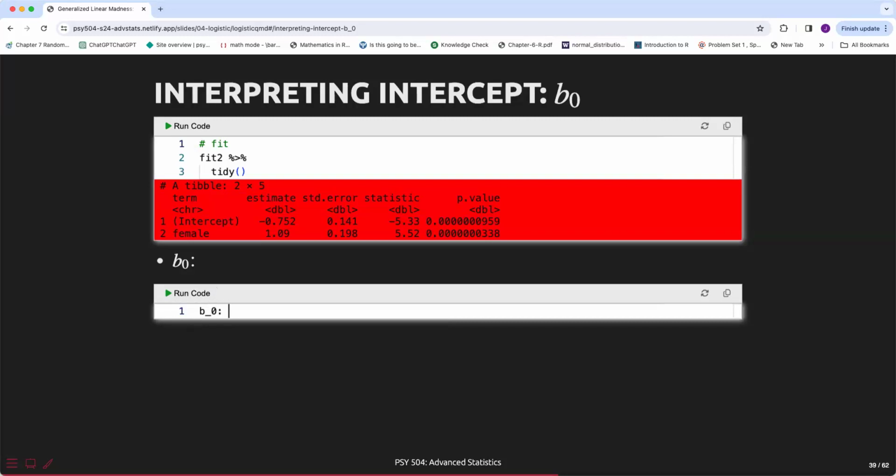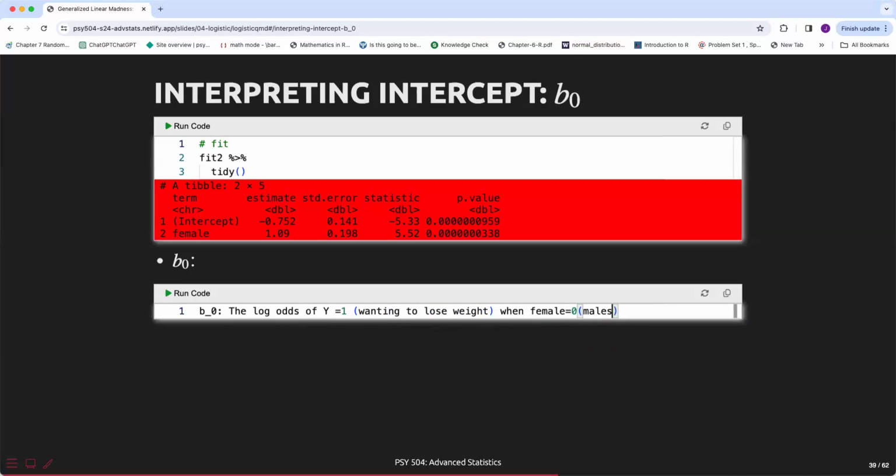Well, it's tricky because it's a binary predictor. The intercept is the value of y when x is 0, right? And 0 is just male. So the intercept in this case is the log odds of y equals 1, or wanting to lose weight, when female equals 0, or males.